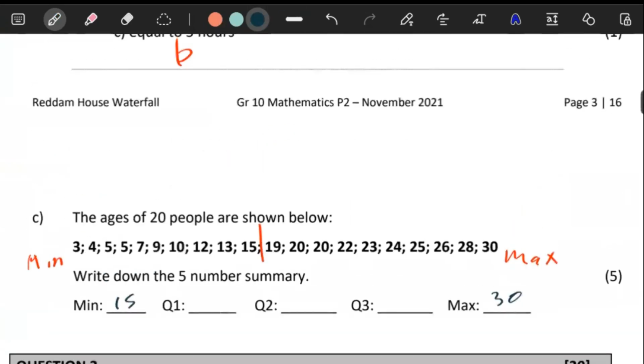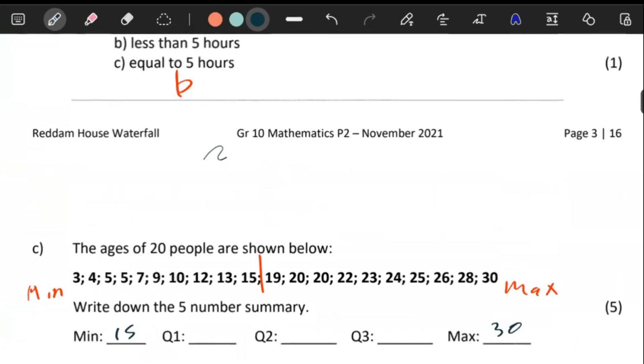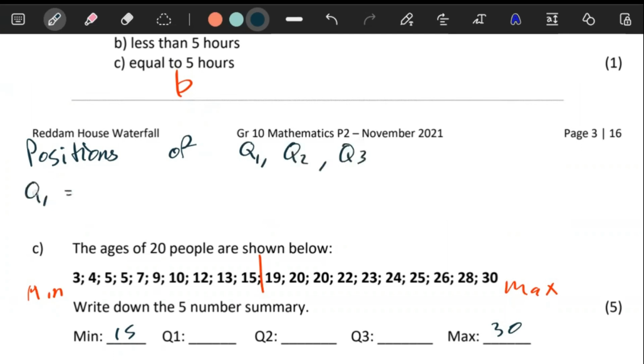So the idea is normally what you can do is, remember, these are the positions of your quartiles. Positions of Q1, Q2, and Q3. So for Q1, the position is going to be a quarter of n plus 1. For Q2 it's going to be 2 quarters of n plus 1. That's how you get the position.